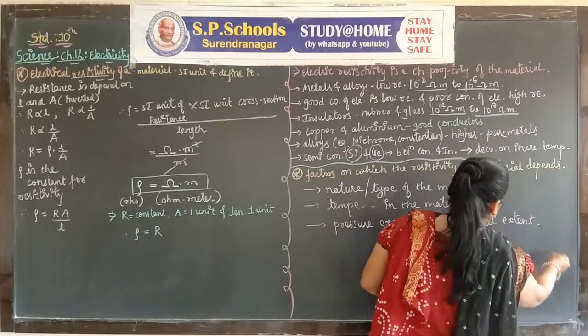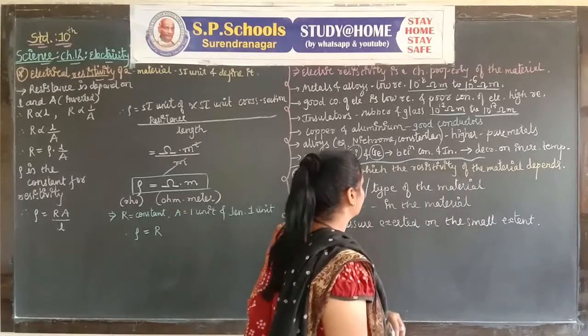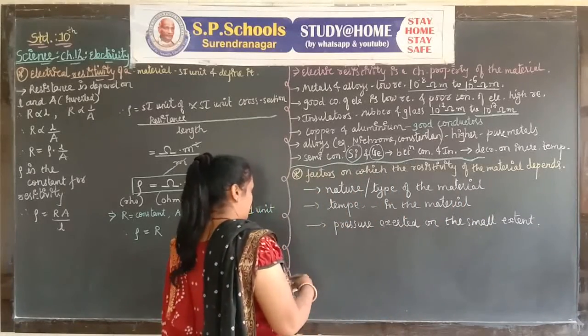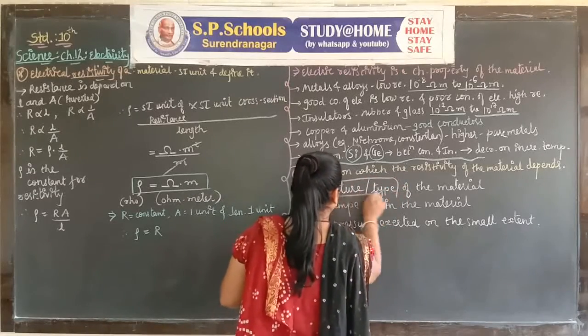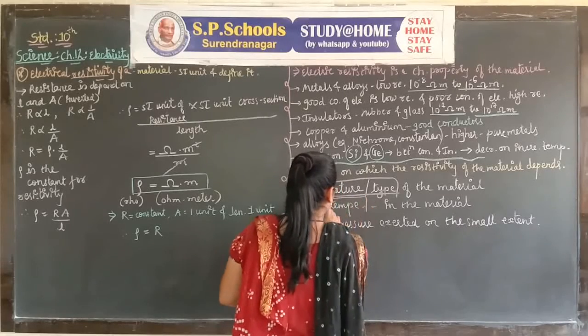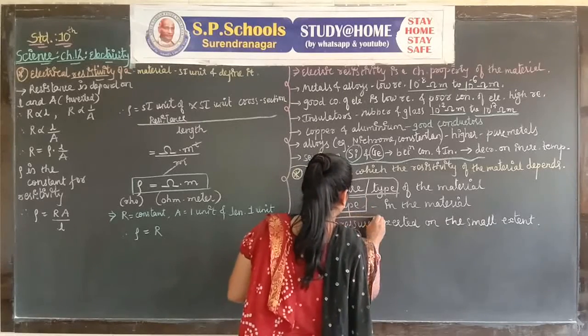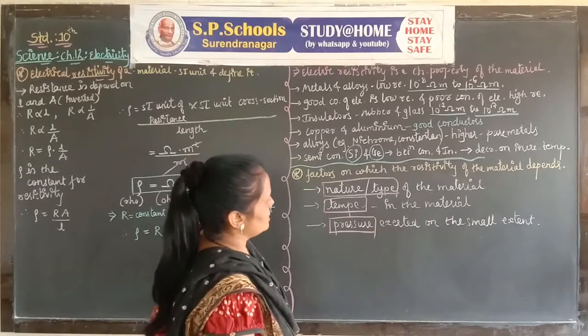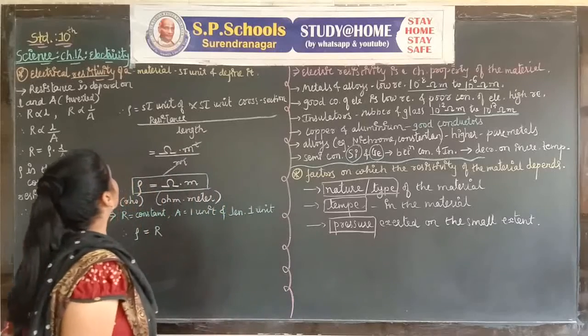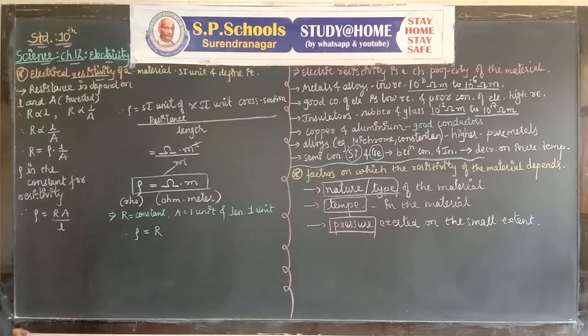There are three factors: nature or type of material, temperature, and to a small extent pressure. That covers electrical resistivity, its SI unit, and the factors on which resistivity depends.